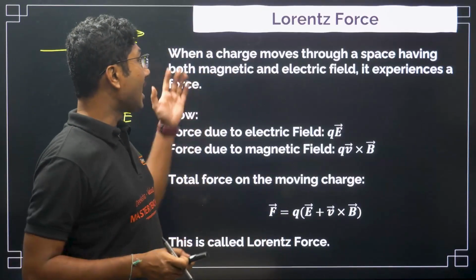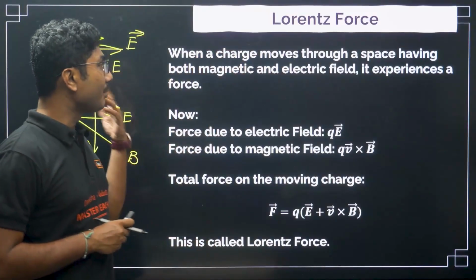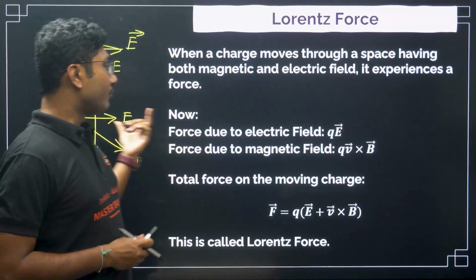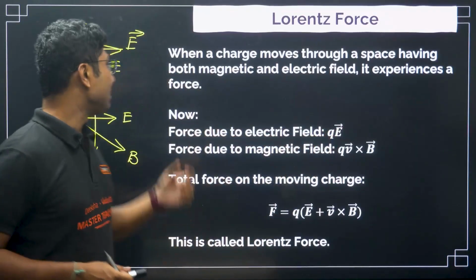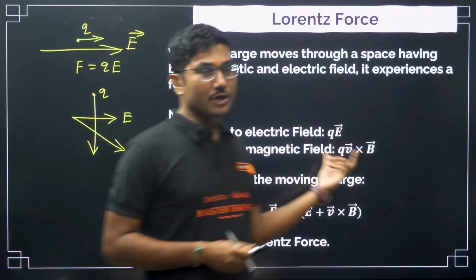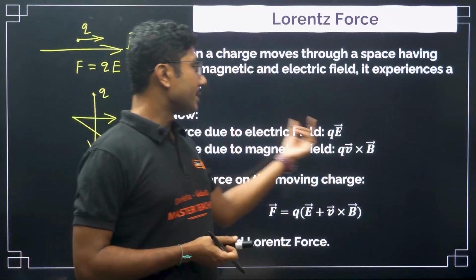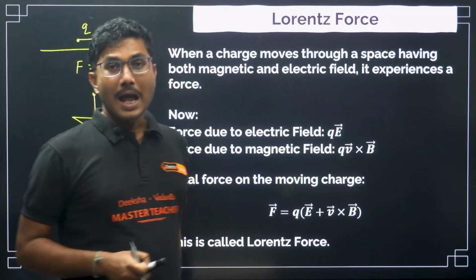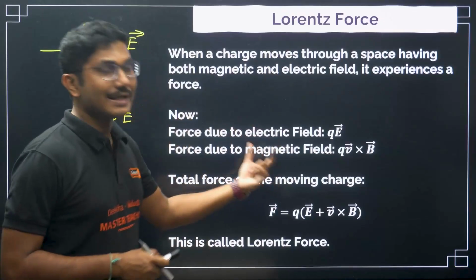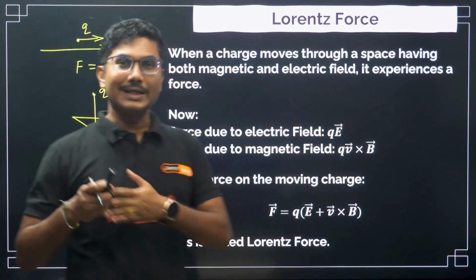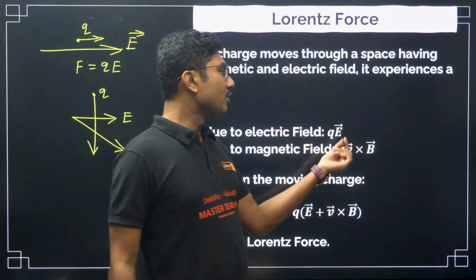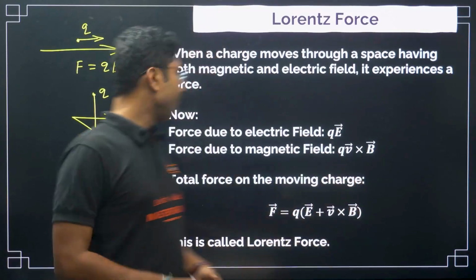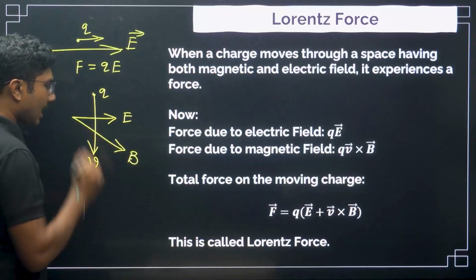So when a charge moves through a space having both magnetic and electric field, it experiences a force. Now the force due to electric field is given by the simple formula Q into E. Because we are talking about vector form, we have taken this in vector form. And the force due to magnetic field, a new term that we are learning in this chapter, is Q into V cross B. V is the velocity vector, the velocity of the charge.